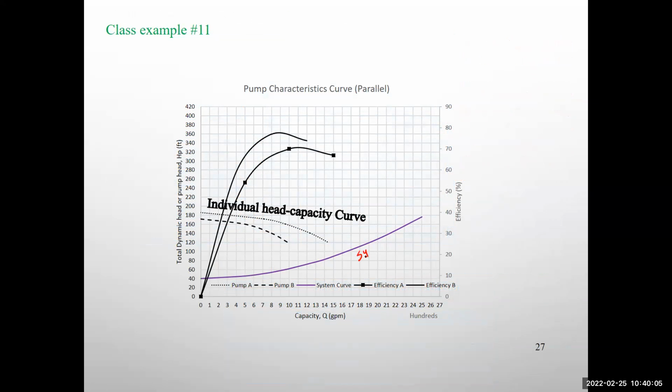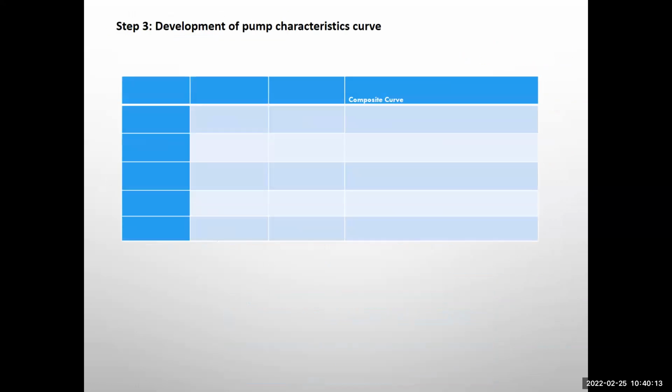Do you have that in your copy? So we will start working from this step. Okay, now you told me since they are connected in parallel, we should add individual flow or head.